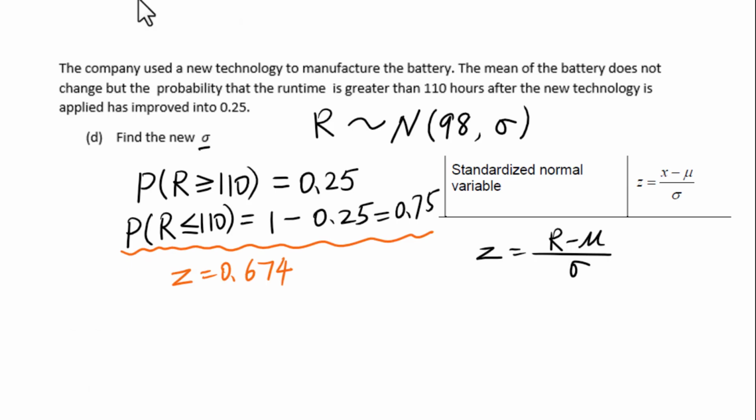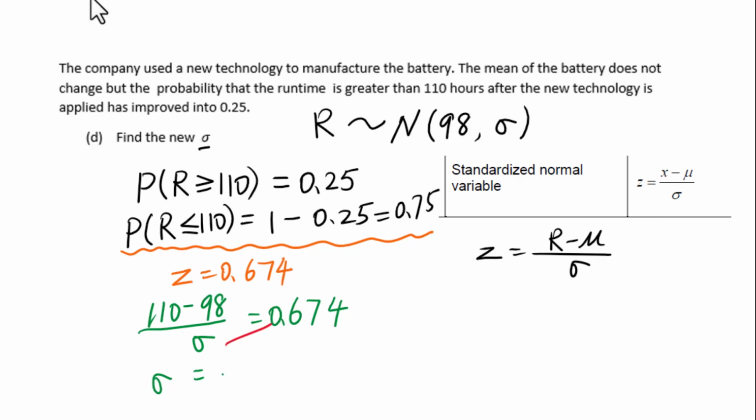This way, we will figure out the z-score 0.674, which means 110 minus 98 over sigma equals 0.674. So we get sigma equals, switching those two, 110 minus 98 over 0.674.